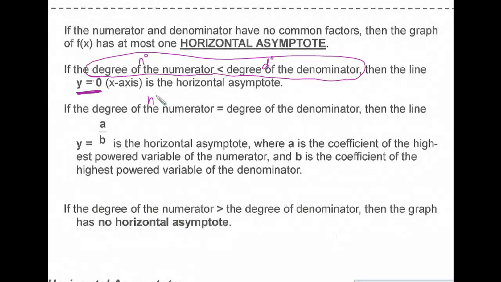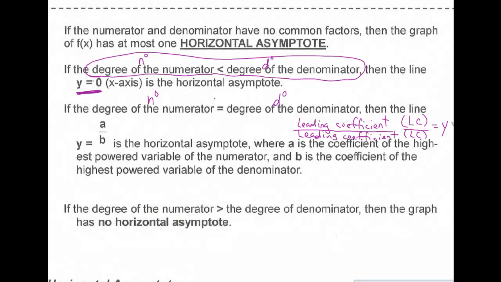If the degree of the numerator is equal to the degree of the denominator, then the line is y = a/b, and that's the horizontal asymptote. A is the coefficient of the highest powered variable of the numerator, and b is the coefficient of the highest powered variable of the denominator. So it's leading coefficient, or LC, divided by leading coefficient, and that's equal to y.